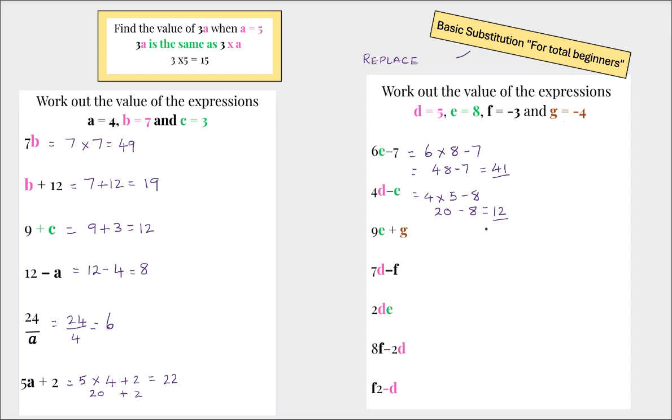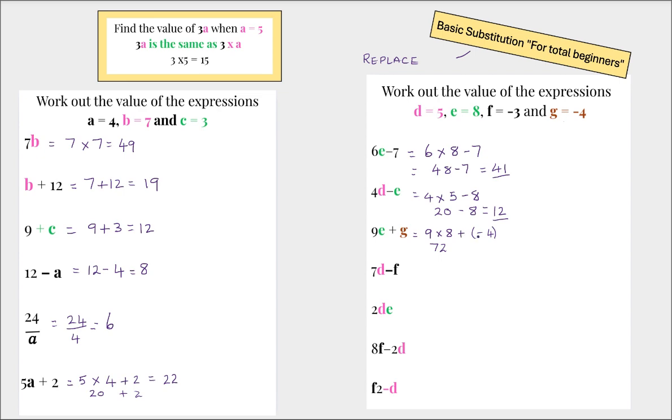Next one. 9a, a is 8. 9 times 8 plus g. Now g is -4. So I'm just going to whack that in a bracket just to separate it. You don't have to, but I'd recommend it. 9 times 8 is 72.